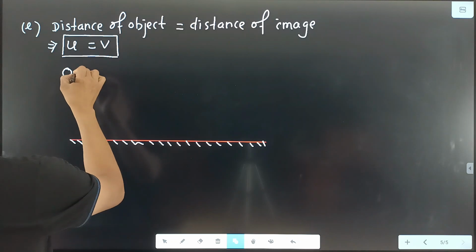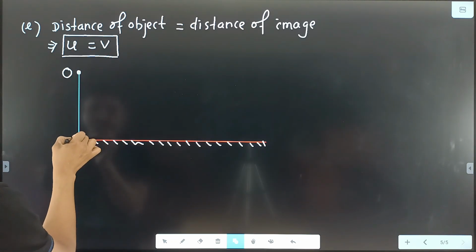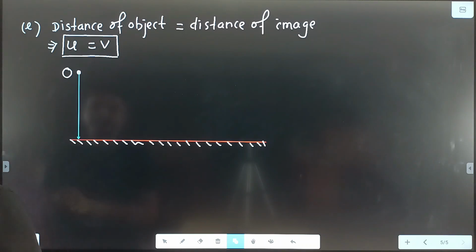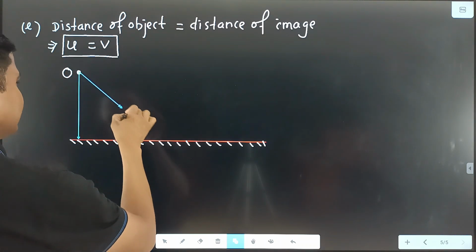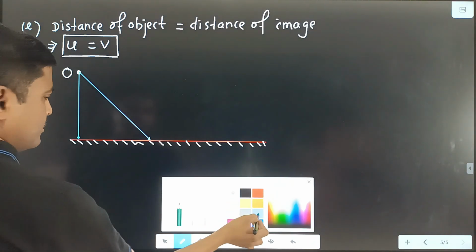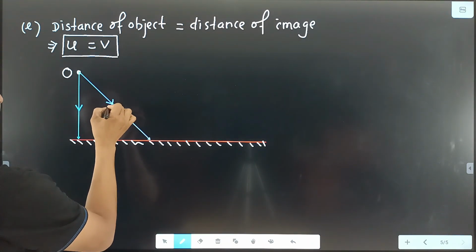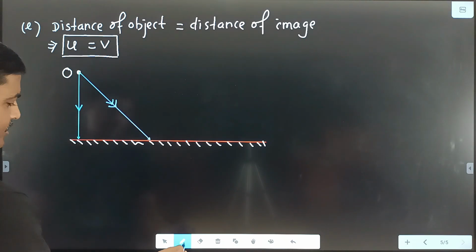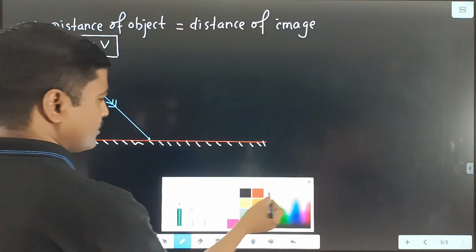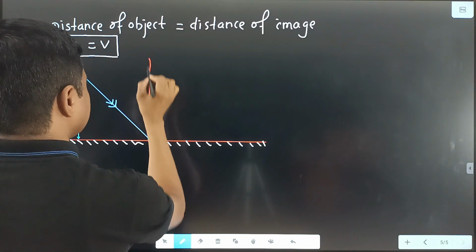This one is the first incident ray, which moves normal to the surface of the plane mirror, and this one is the second incident ray. The first incident ray is normal or perpendicular. And for incident ray, here also write I. Then what happened? We draw the normal at this point. This one is the normal.